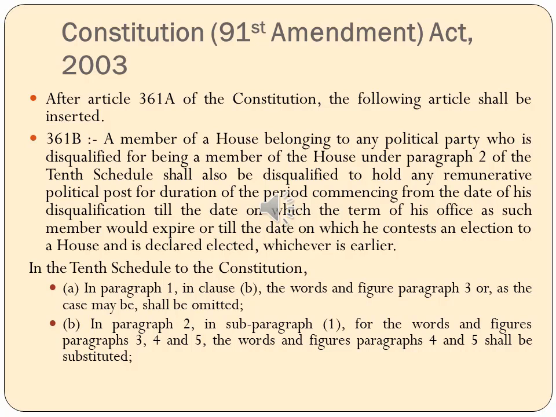So this was brought in to cap the powers of the people, even if they are not members of either of the houses. They cannot chair as ministers, or as members of any committees of the parliament.